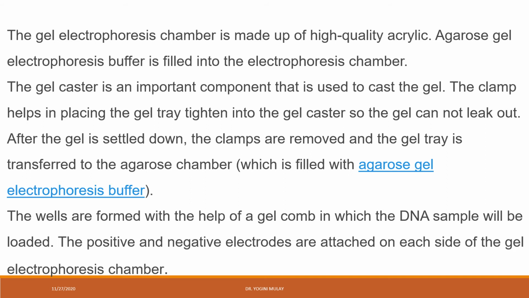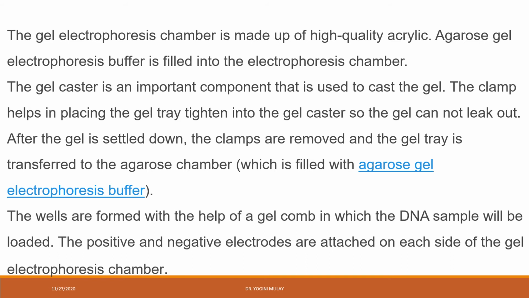This buffer is used to prevent the change in pH. The gel caster is an important component which helps to cast the gel. Clamps are used to tighten the gel tray into the gel caster, so that there is no leakage. Once the gel settles, we remove the clamps, and the gel tray is transferred into the chamber, which is already filled with electrophoresis buffer.